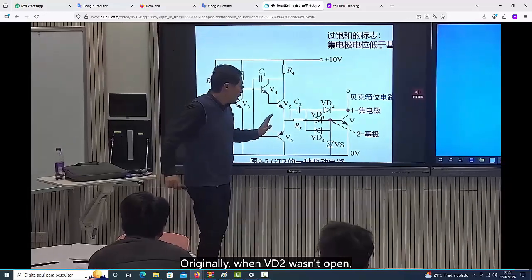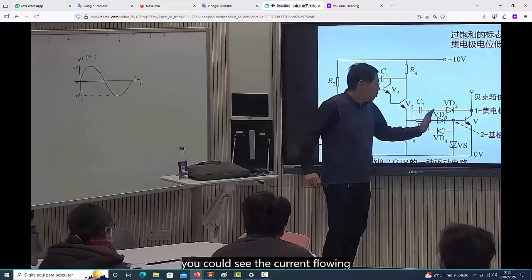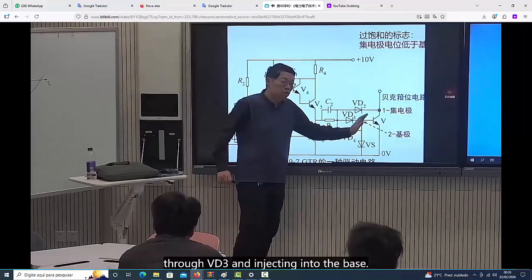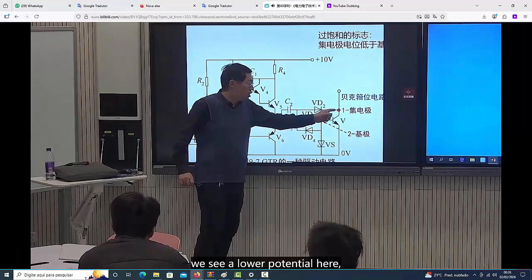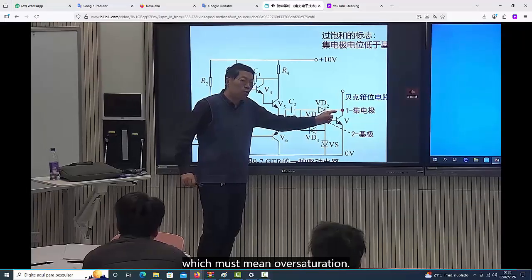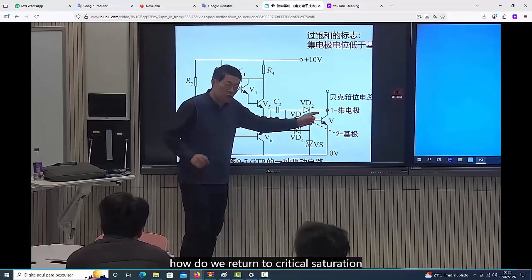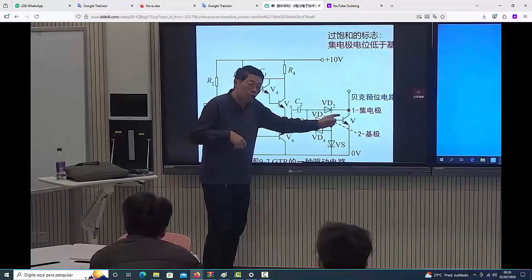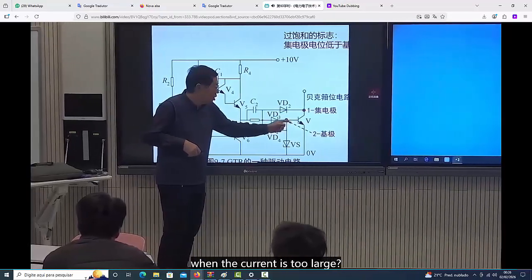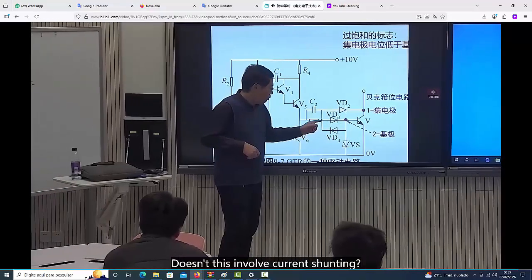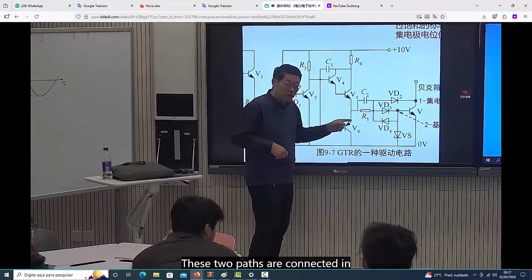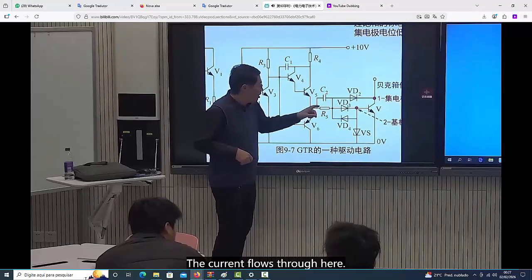Originally, when VD2 wasn't open, you could see the current flowing through VD3 and injecting into the base. Now, suddenly, we see a lower potential here, which must mean oversaturation. As mentioned earlier, how do we return to critical saturation when the current is too large? How do we reduce it? Doesn't this involve current shunting? These two paths are connected in parallel. The current flows through here.